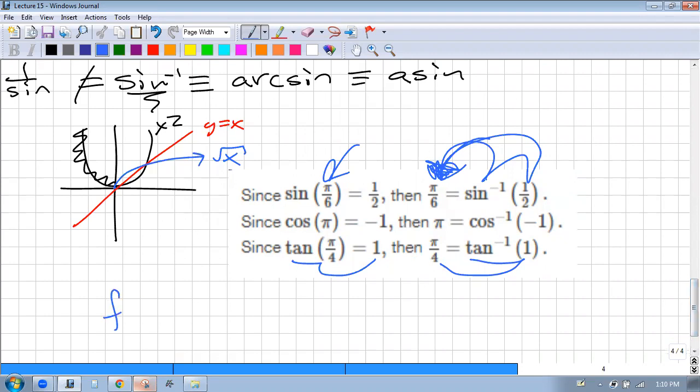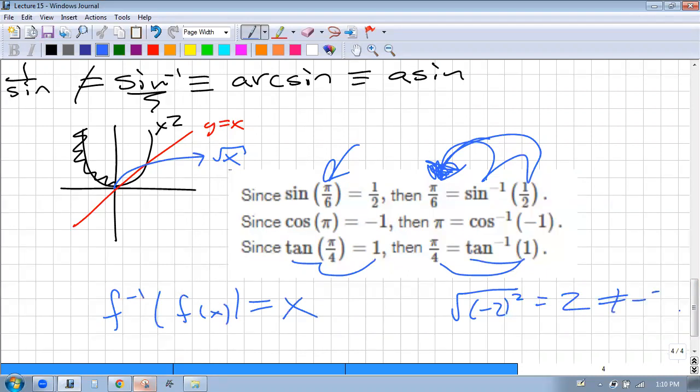Remember the whole point of an inverse is to give us our x back. That's the goal, right? But there's some issues. So like if I did the square root of -2 squared, this is 2, not -2, right? So because we have a restricted domain, you don't always get the same number back. You see what I mean? You get a candidate basically, right?